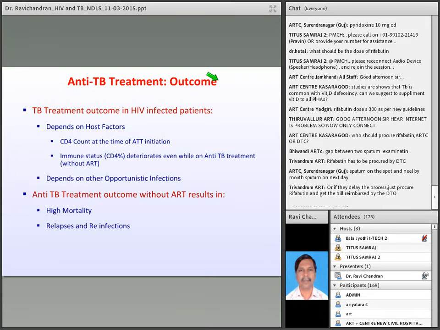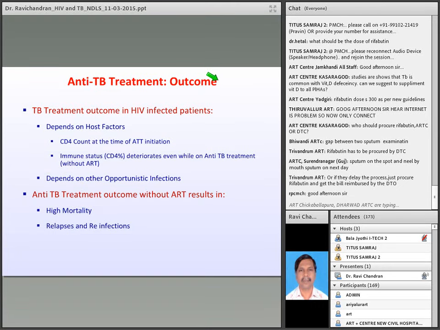It also depends upon the associated opportunistic infections at the time of diagnosis and at the time of initiation of therapy. Anti-tuberculosis treatment outcome without ART results in a high mortality, and relapses and reinfections are more common in patients with HIV who are not started on ART.